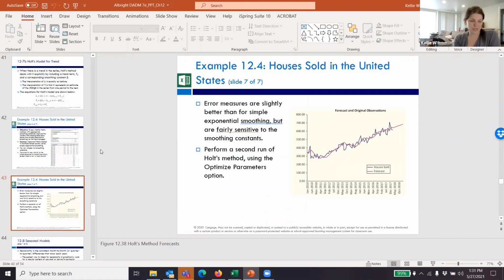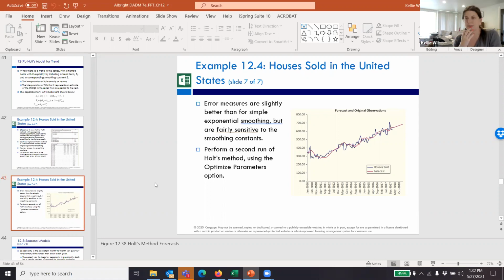Visually, we get better error measures. This is the same data. So the error measures are better. You can see the forecast and the houses sold are a little more in line with each other. But now we have a little bit more of a sensitive model.